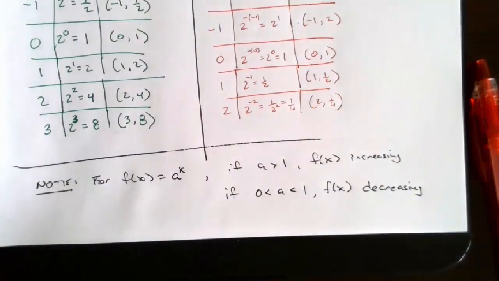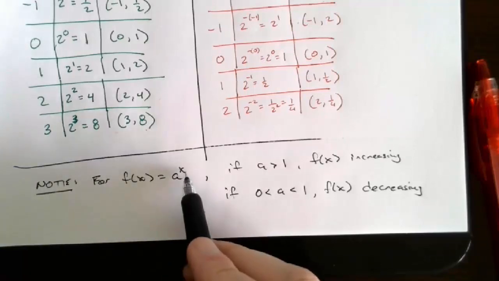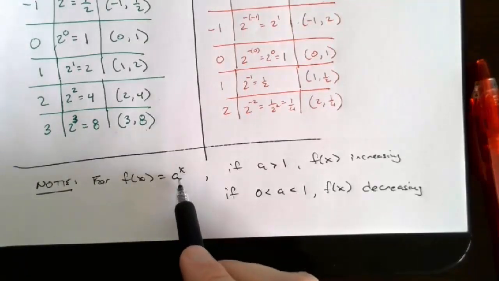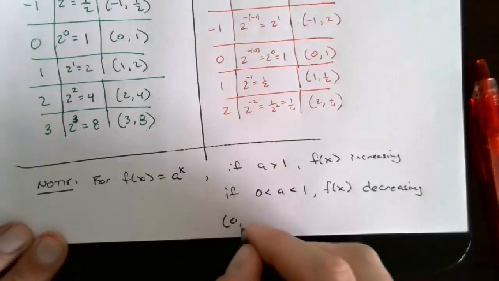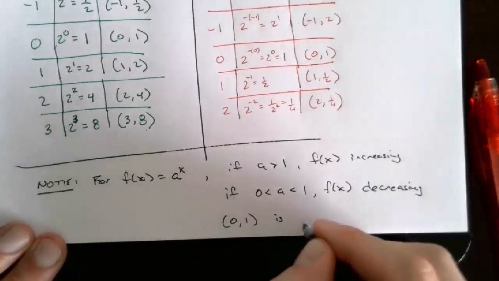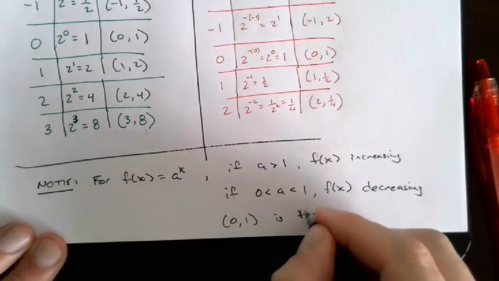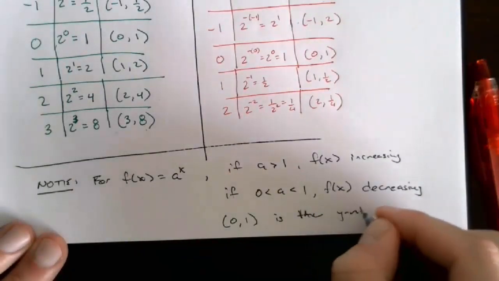And then the other thing that you might note is that your y-intercept is always going to be at 0, 1, because when x equals 0, the base to a power will give you a y value of 1. So 0, 1 is the y-intercept.